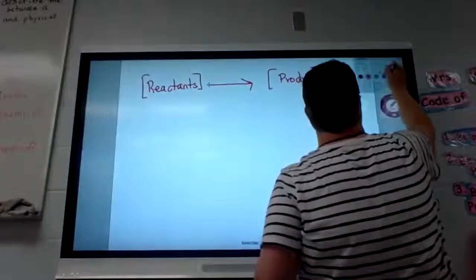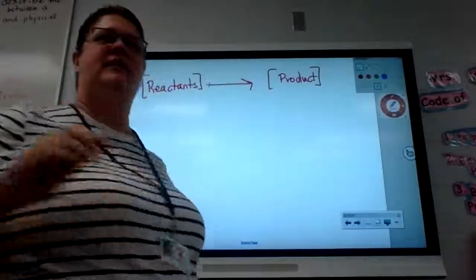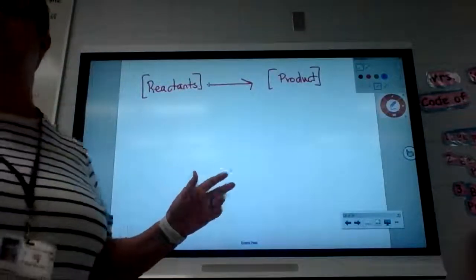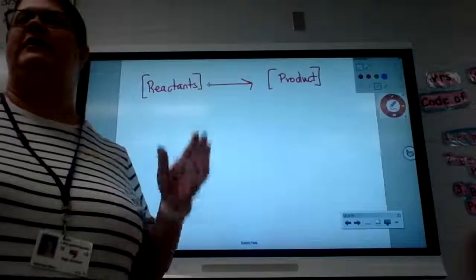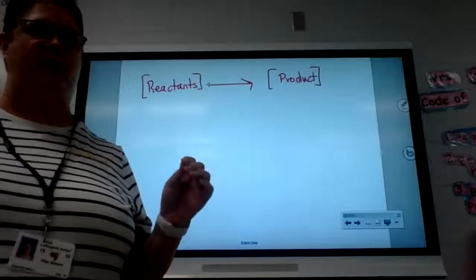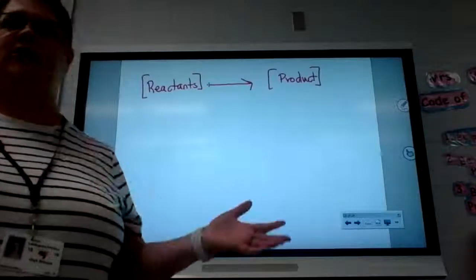Now, this is not unique to pressure. Did everybody hear me say this? This will be true for any of the shifting we do today.